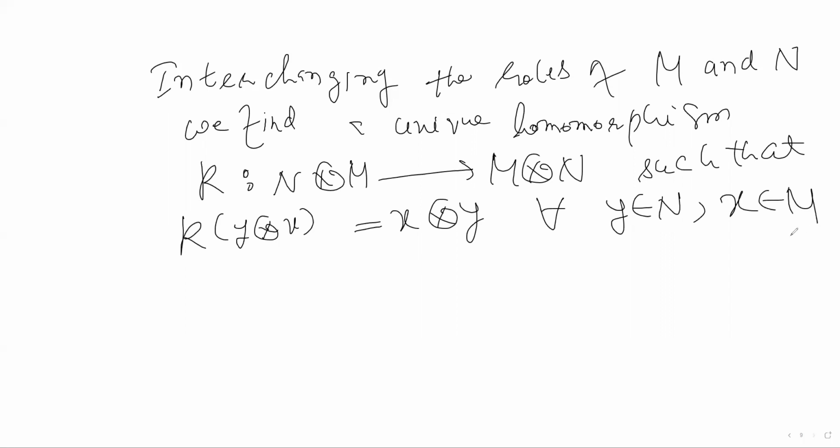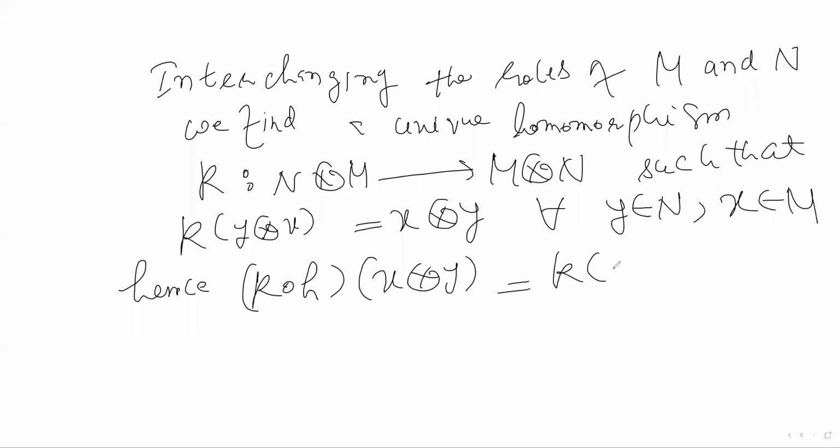Now if you compose these two maps, k composition h of any x tensor y is k of y tensor x, which is x tensor y. So this means this k composition h is identity on generators. So this means k composition h fixes the monomial tensors, the generators.